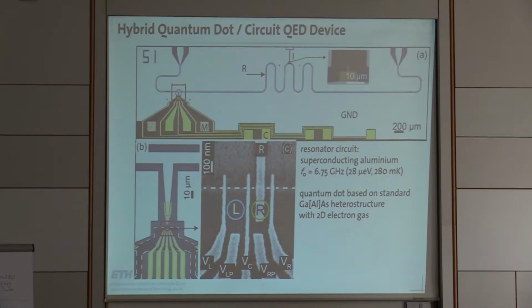The typical frequencies that we work with are gigahertz-ish. Many people work somewhere between 4 and 12 gigahertz, because that's where equipment is easily available.